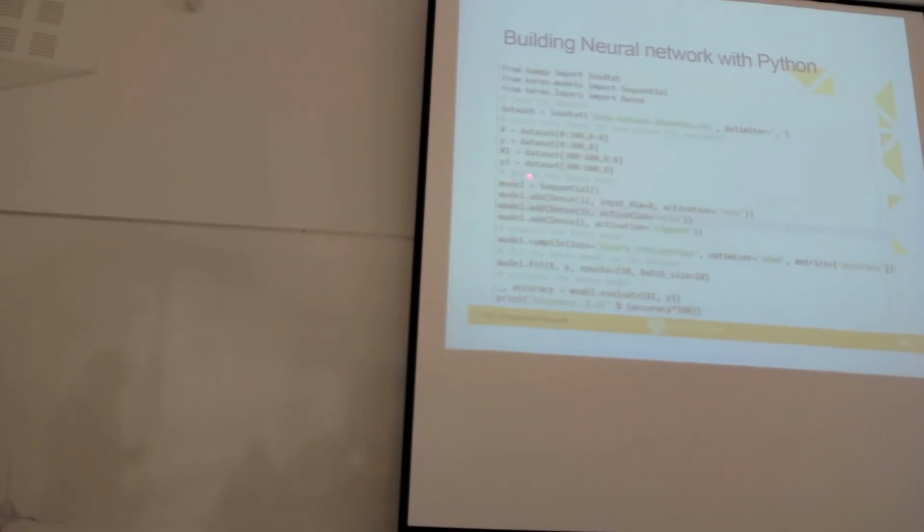When you make this Sequential, it means you can put a sequence of layers, and then with model add, you can add layer by layer. Here it means that you have 12 neurons, the input dimension is 8, and this is the activation function. Every line that you add means you add one layer. So it is relatively easy to build neural networks with Python.